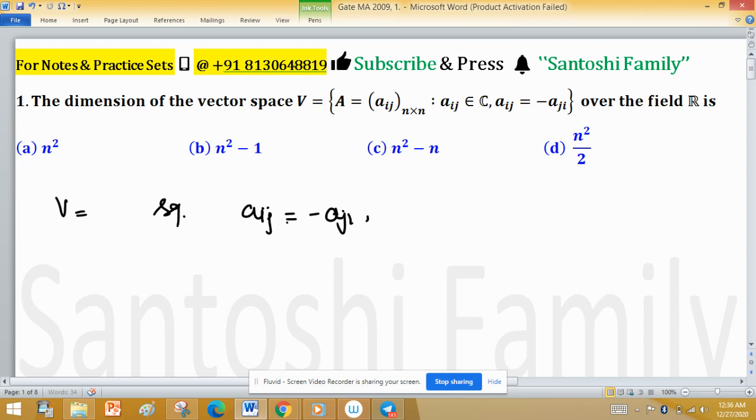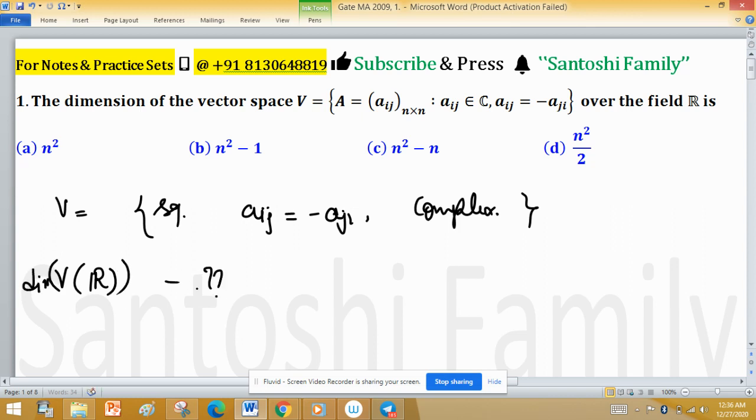Also, these elements are coming from the complex set. So this is my V, and we have to find the dimension of V over R.